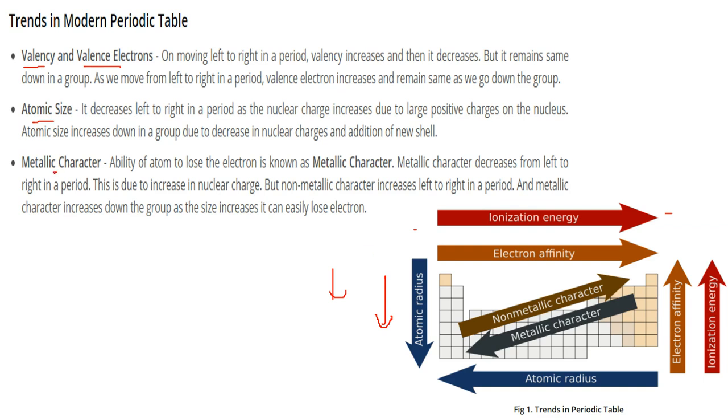The metallic character of the elements, that is the ability of the atom to lose electrons, is known as the metallic character. Metallic character decreases from left to right in a period because of the increase in nuclear charge. But non-metallic character increases from left to right in a period, and metallic character increases down the group as the size increases and it can easily lose electrons.